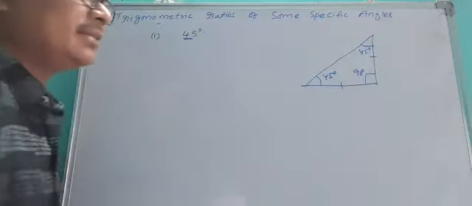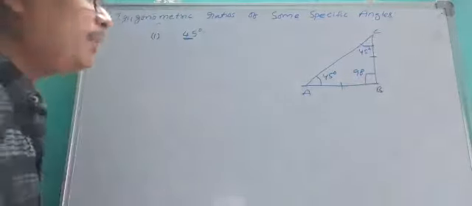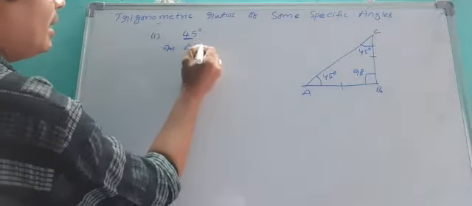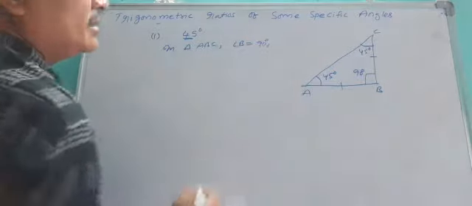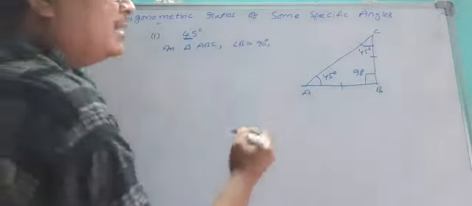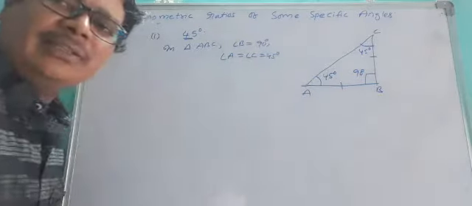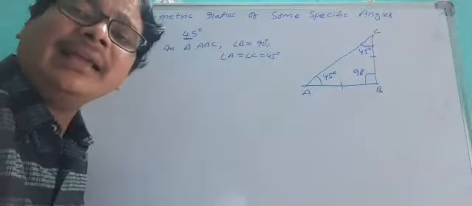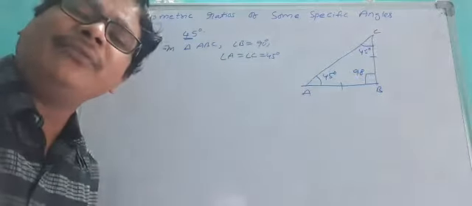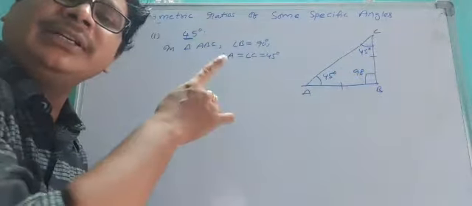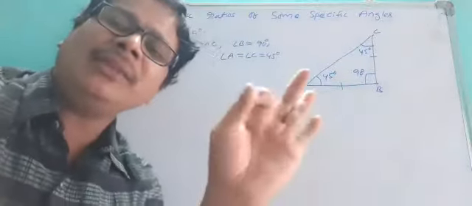Like triangle ABC, angle B equals 90 degrees, and the remaining two angles, angle A and angle C, equal 45 degrees, because this is an isosceles right angled triangle. To find the values of all trigonometric ratios with 45 degrees, we have to take an isosceles right angle triangle.